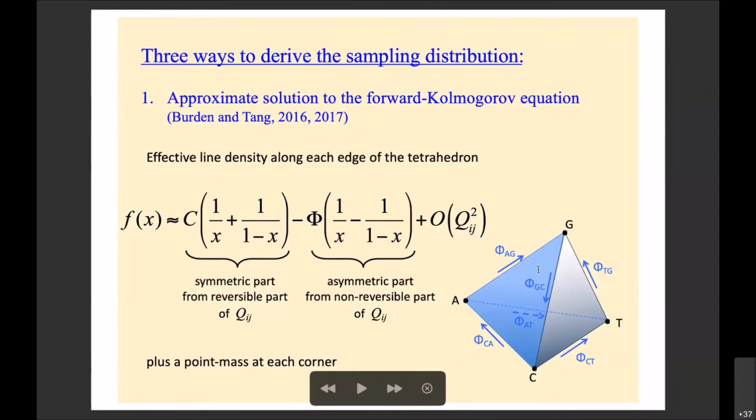Now, I know how to solve for the line density running along the edge. It's almost the beta distribution I showed you, but it's a little bit different because the boundary conditions at each end of that edge are different. The beta distribution looks very symmetric for very small mutation rates.